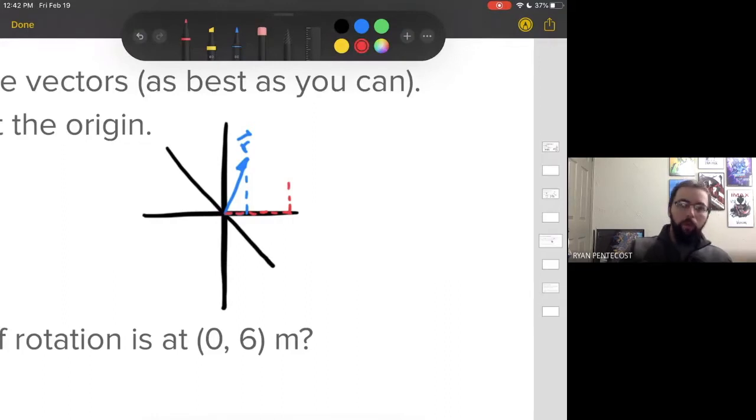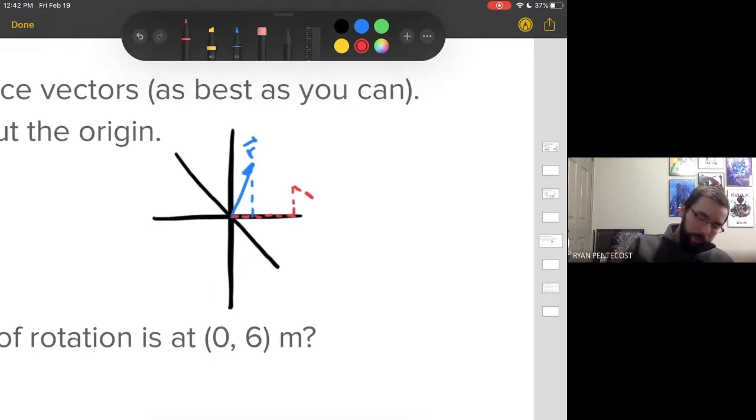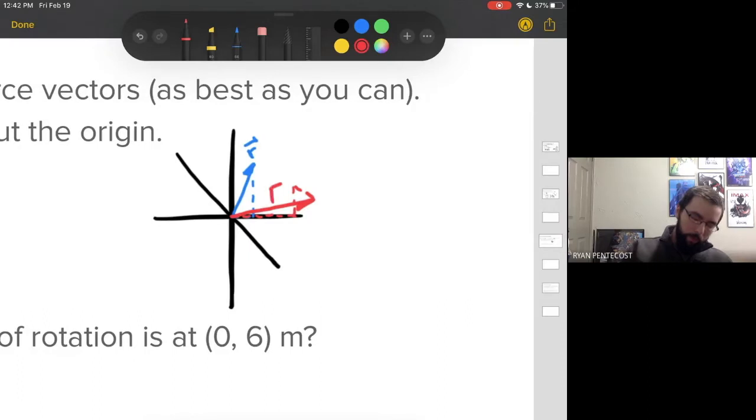And then 1k. I'm going to make that parallel with my j-axis, or k-axis. So that means that this is a three-dimensional vector, kind of hard to imagine, but imagine that k dotted line is coming out of the screen at you a little bit. So that is your force, okay?